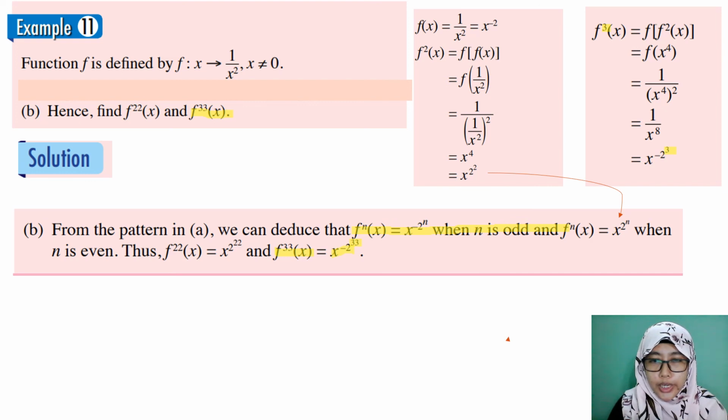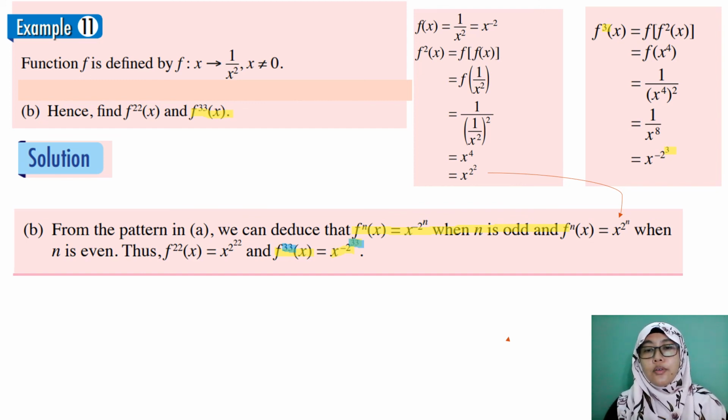So if you realize, cikgu highlightkan dekat sini, 33, sini pun jadi 33. So this is answer. So your answer is x to the power of negative 2 power of 33. That's all. Tak payah nak buat soal jawapan panjang-panjang.